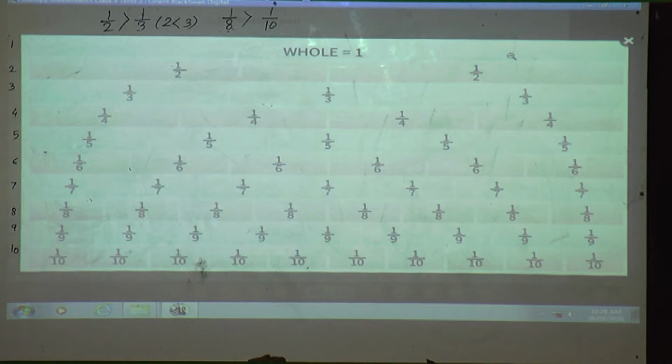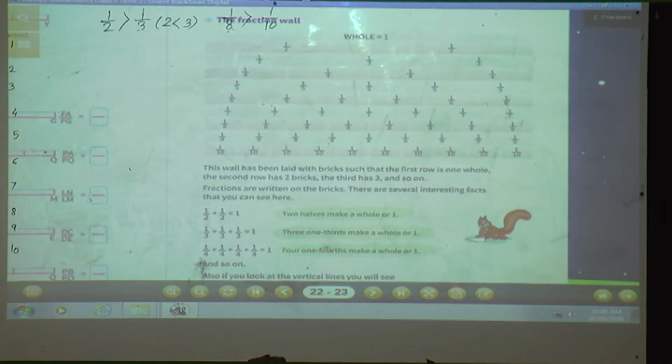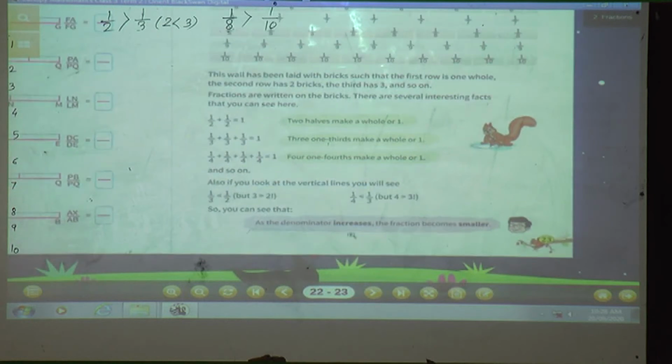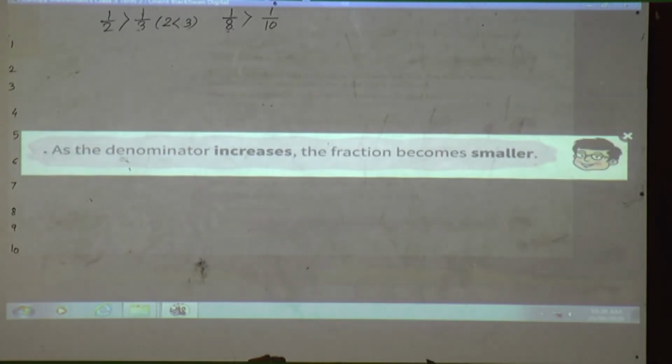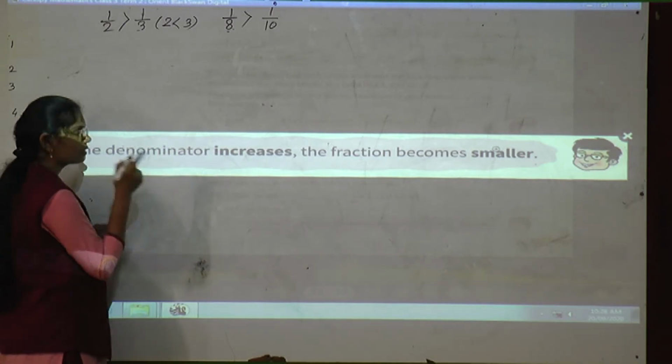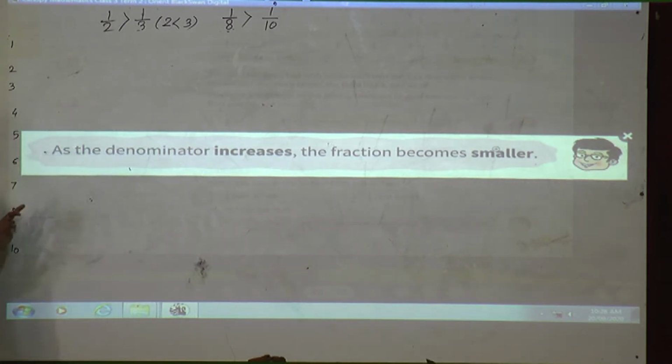So what can we see here? As the denominator increases, the fraction becomes smaller. If the denominator is greater, then that fraction is the smaller fraction.